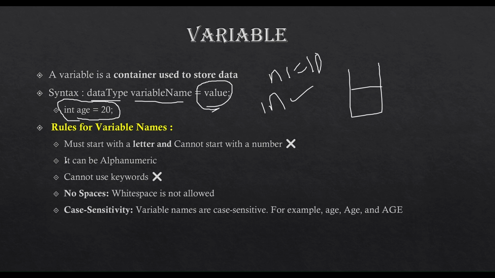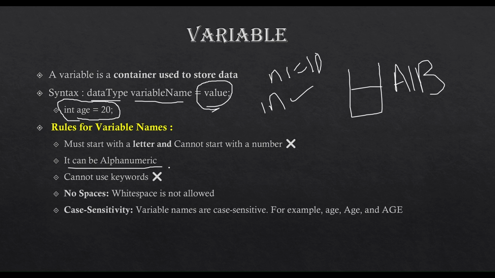The second rule is that it can be alphanumeric, the same as rule 1. You can write names like a1 or a1b. Alphanumeric means a mixture of alphabetic and numeric characters, but you have to remember that a variable cannot start with a number.